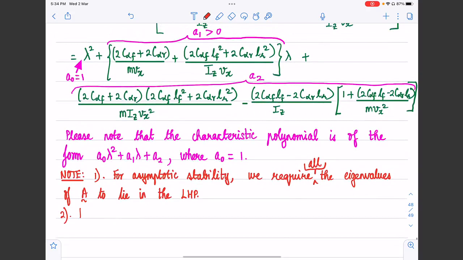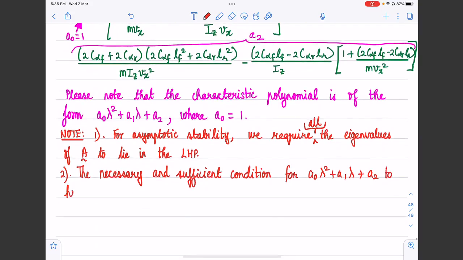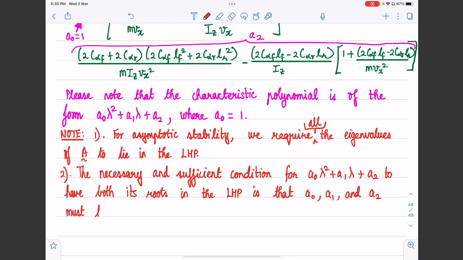Now, what is the connection to our discussion? It so happens that if you have a characteristic polynomial of order 2, the necessary and sufficient condition for the second order polynomial of the form a naught lambda square plus a1 lambda plus a2 to have both its roots in the left half of the complex plane, LHP, is that a naught, a1 and a2 must be non-zero and of the same sign.